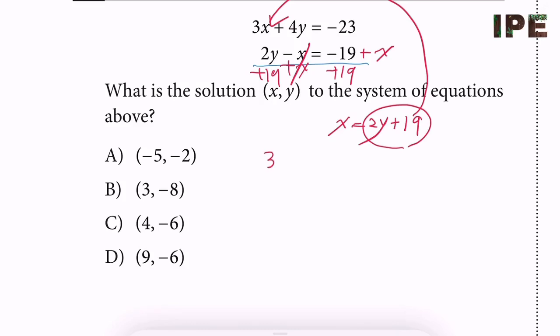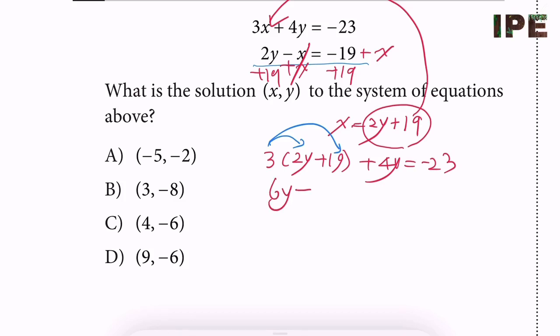So 3x plus 4y equals negative 23. So 3 times 2y plus 19, plus 4y, equal to negative 23. And then do what? Distributive property. So 6y plus 57 plus 4y equal to negative 23.